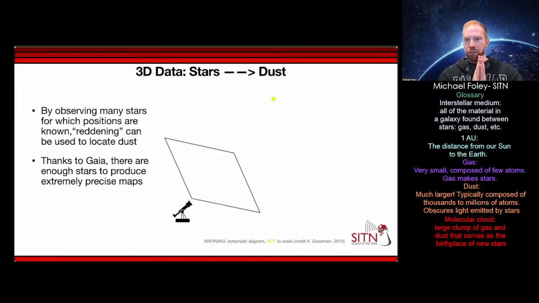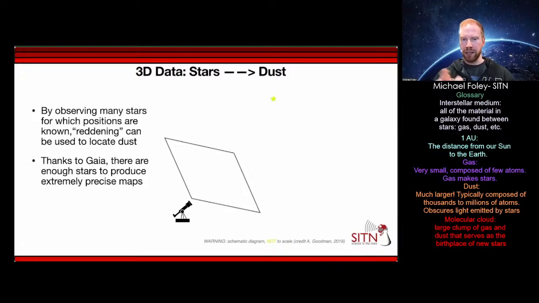To connect the innovations from Gaia to 3D dust mapping, we have to make a few modeling assumptions. By observing all of these stars from Gaia and keeping a record of their 3D positions, we can use a concept known as reddening to locate where the dust is in 3D space.